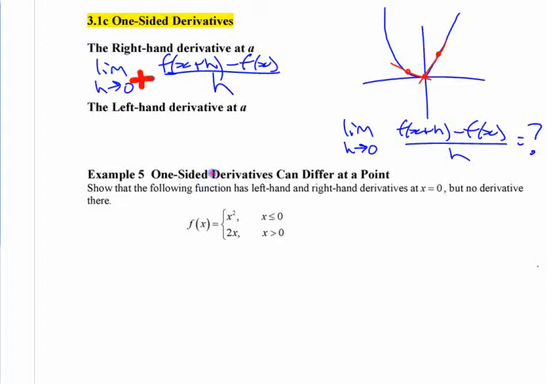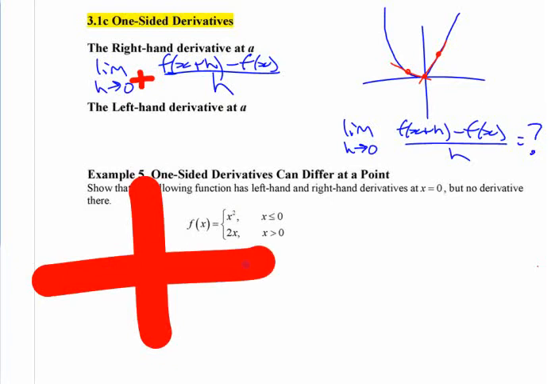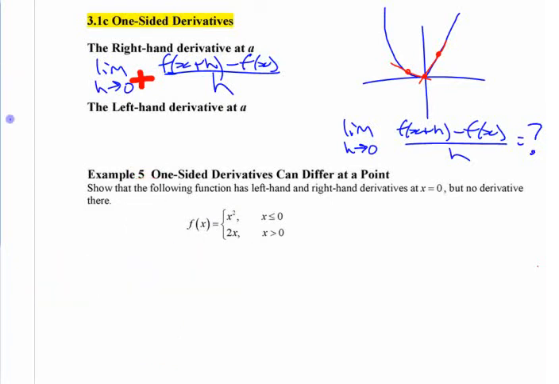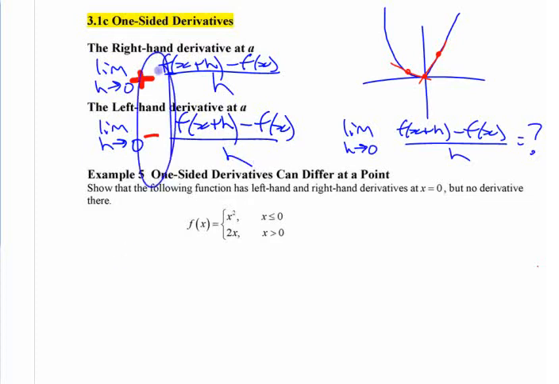How about that? 0 from the plus side. The other side is just the left-hand limit. That's better. Okay, that's the generic definition, but basically the only difference is you're coming from the left or the right.